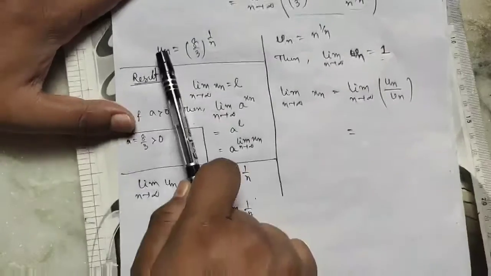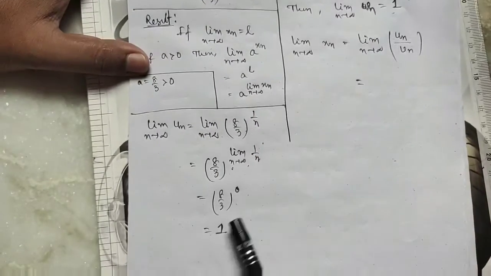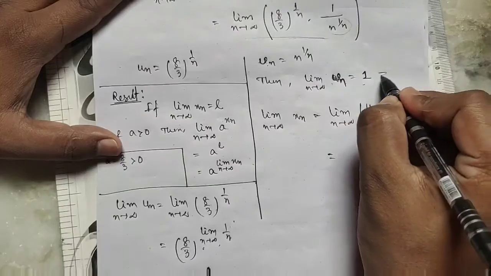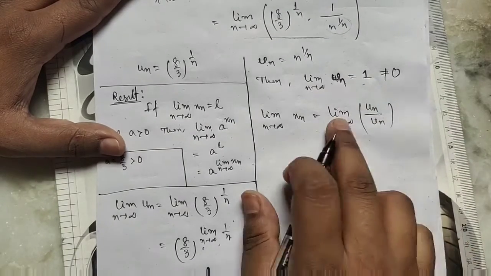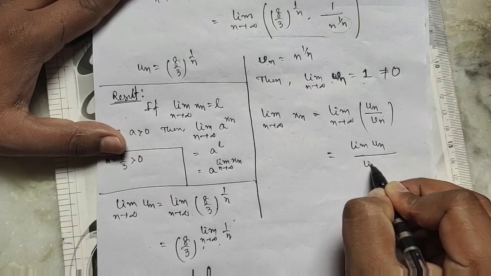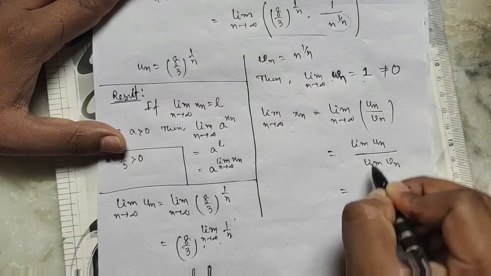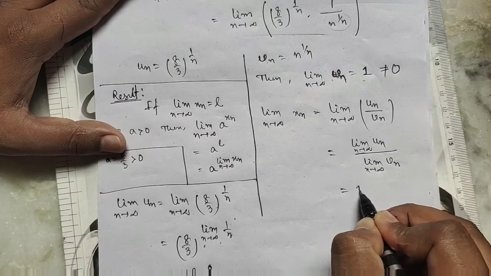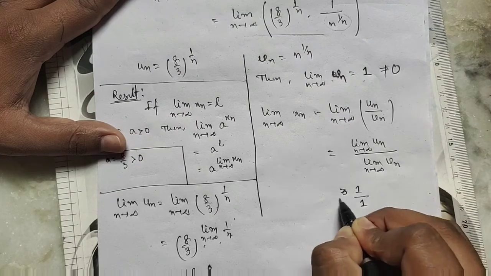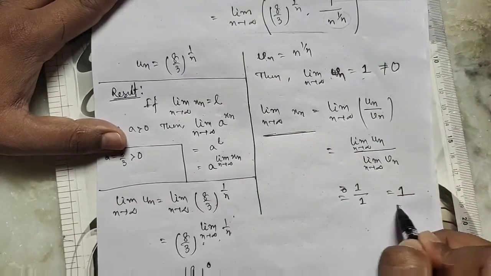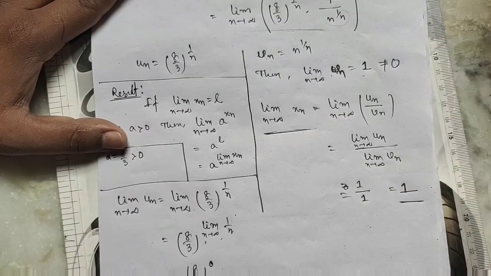Here limit un equals 1, limit vn equals 1, and this is not equal to 0. So limit un by vn equals limit un by limit vn, which equals 1 by 1, that is 1. So limit xn equals 1. Clear?